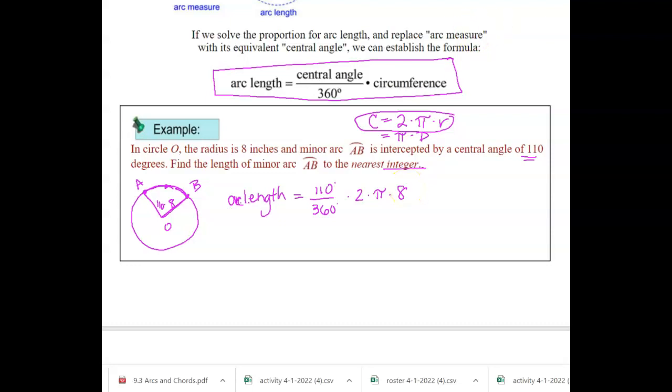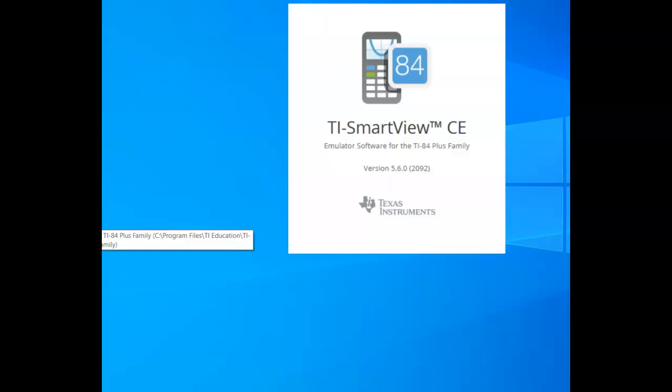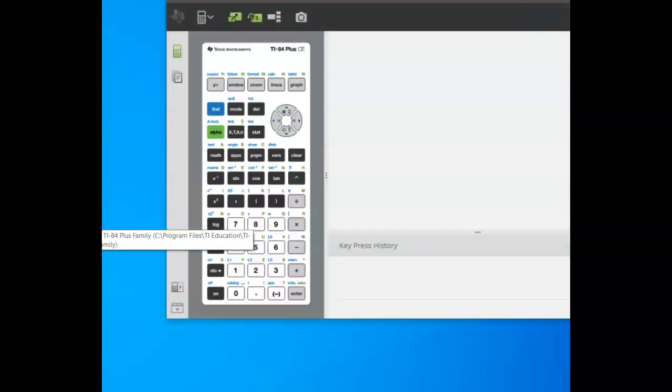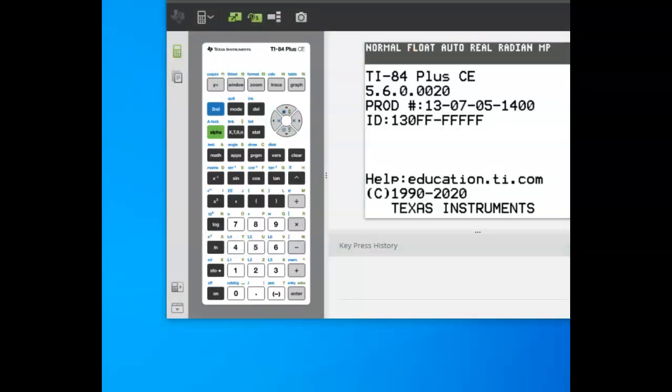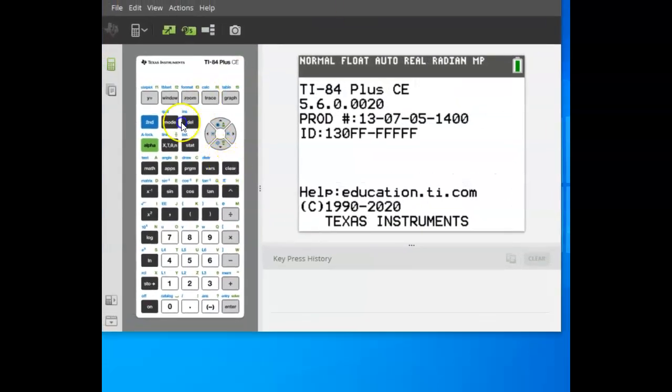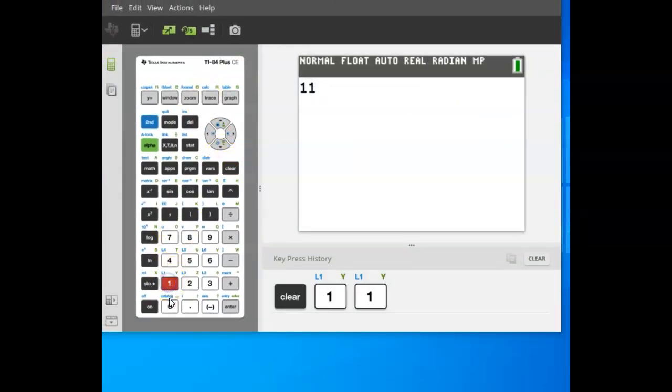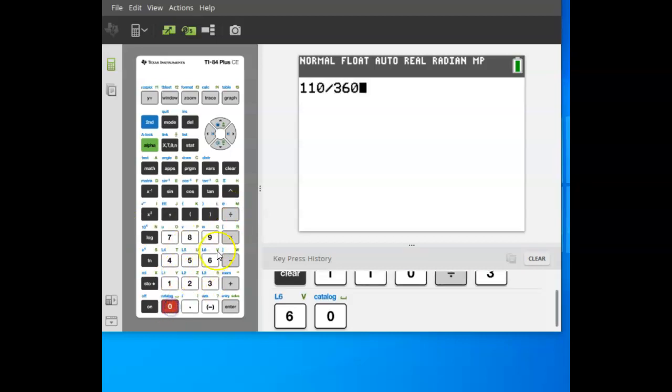Okay, so you're going to go ahead and just open up a new screen. I'll open up my calculator, but you can just type this into a computer tab. We're going to do 110 divided by 360 times 2 times pi times our radius. If you're using a calculator and you have a pi button, you should use that because that's the best value.